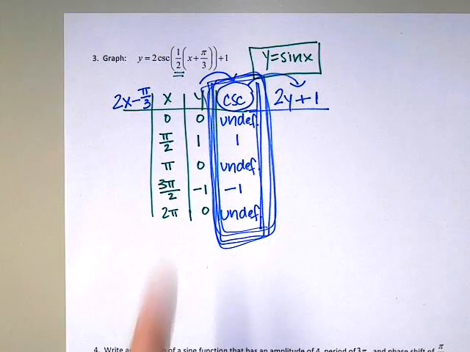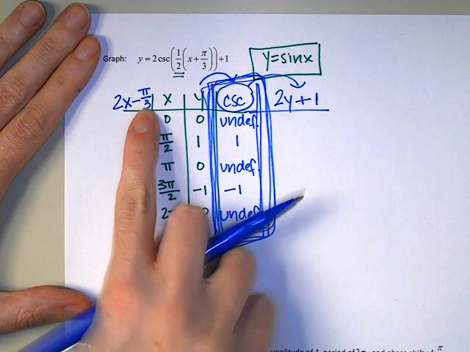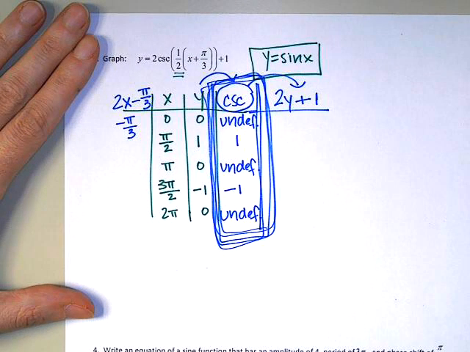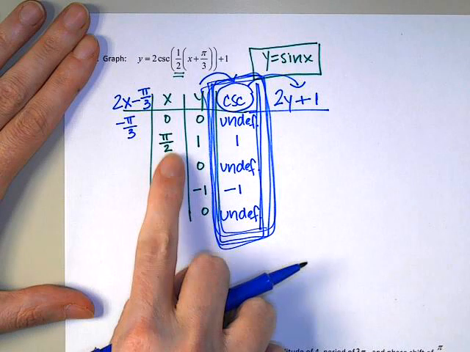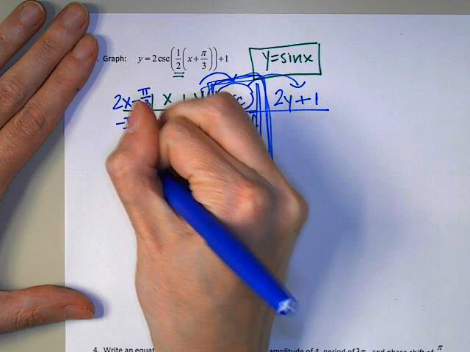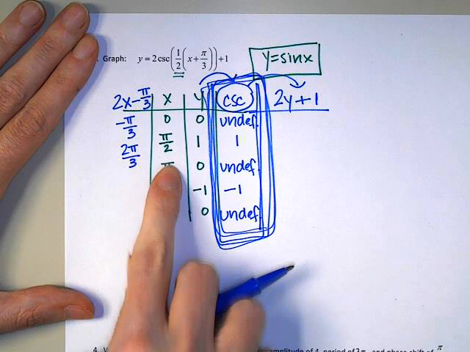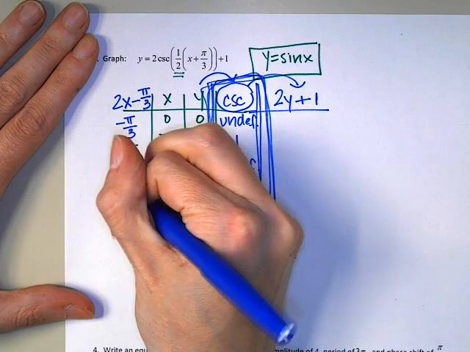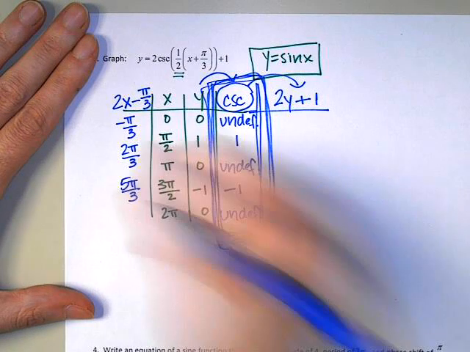Okay, so 2 times x minus pi over 3, so negative pi over 3. 2 times x minus pi over 3 is 2 pi over 3. 2 times pi minus pi over 3 is 5 pi over 3.